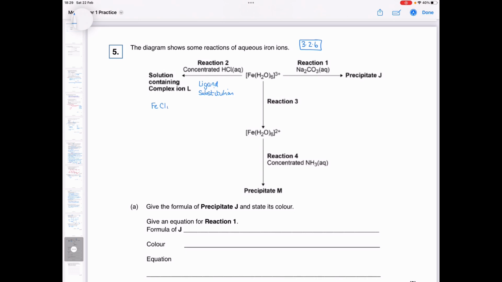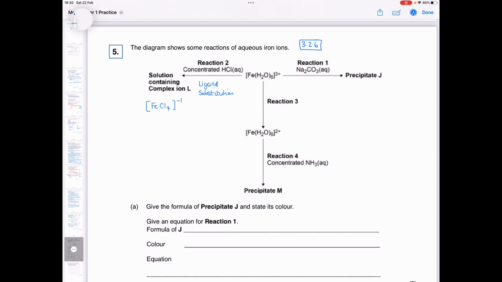Chloride produces a 4-coordinate complex, which is tetrahedral. And then we need to work out the charge. It's 3+ on the metal ion. Each chloride ligand is 1-, so 3+ minus 4 is -1 overall. That's a ligand substitution reaction.